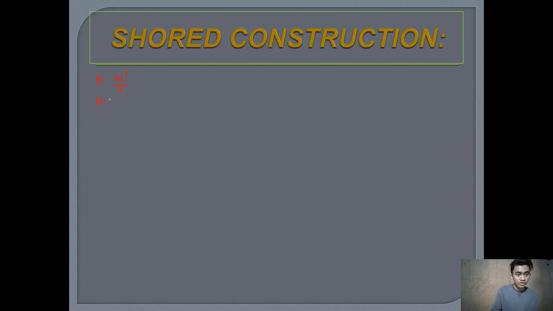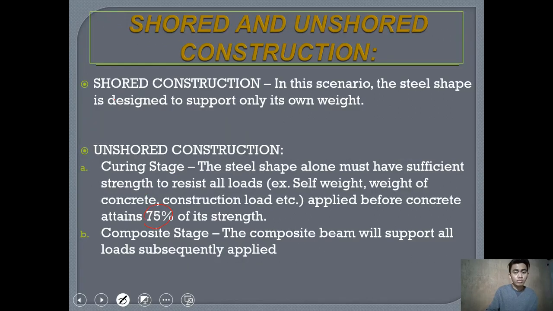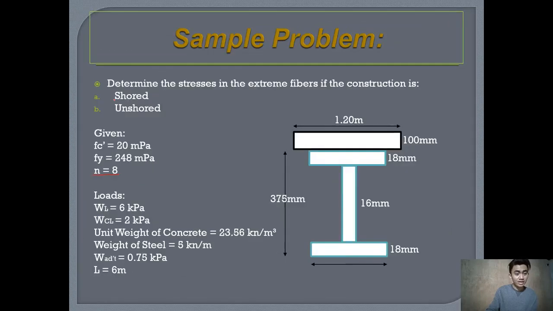So for shored construction, if we are going to go back to the definition, it says there, it is designed to support only its own weight. Regardless of what is being said, instead of utilizing only the weight of steel, we are going to include now both dead and live load on our computation. Take note, WL here is the live load.